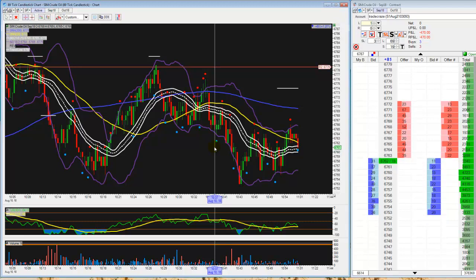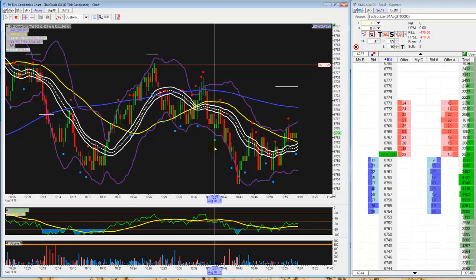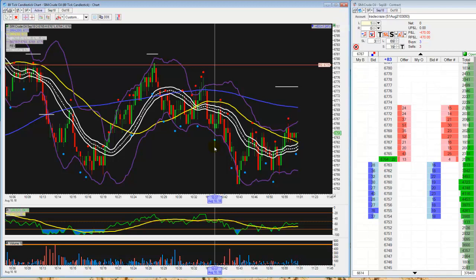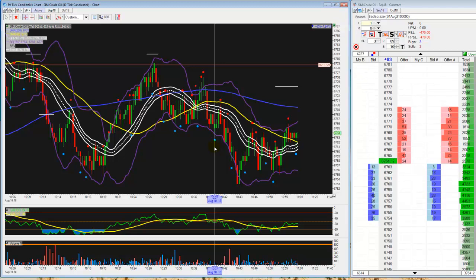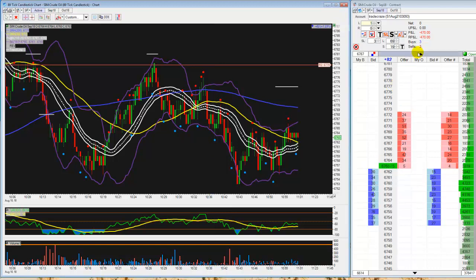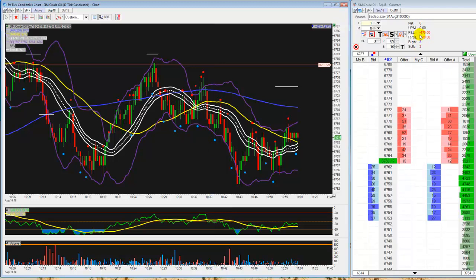So limiting my entries. Honestly, that's what I have to do. I have to have days where I only take 3 trades, and I lose maybe 39 ticks, whatever.